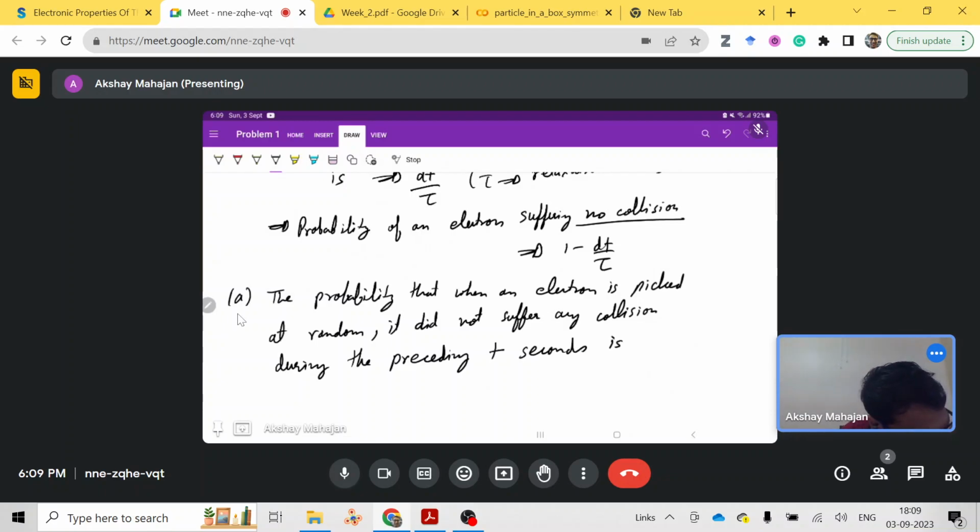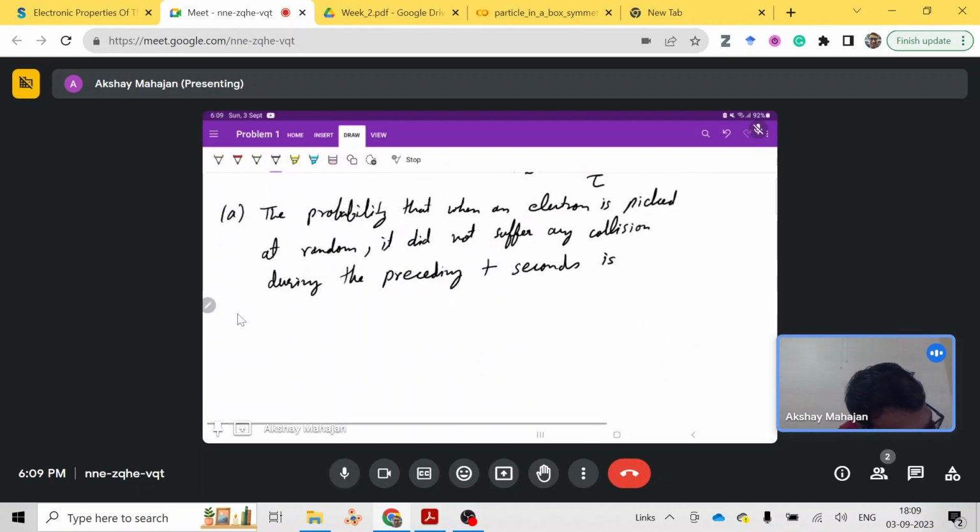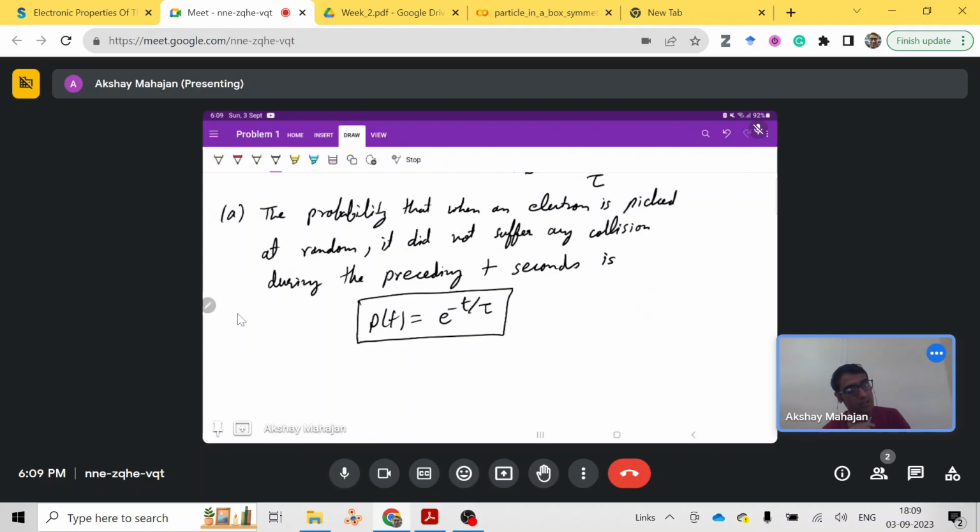This is the probability we got from part A: P(t) is equal to e to the power minus t by tau. By this probability, the electron doesn't suffer a collision in the preceding t seconds.